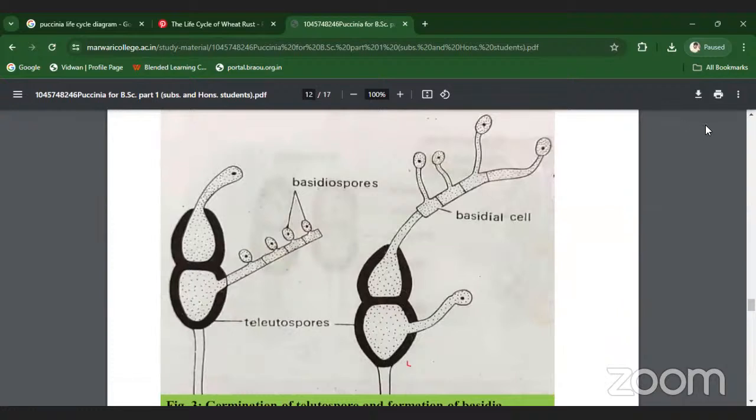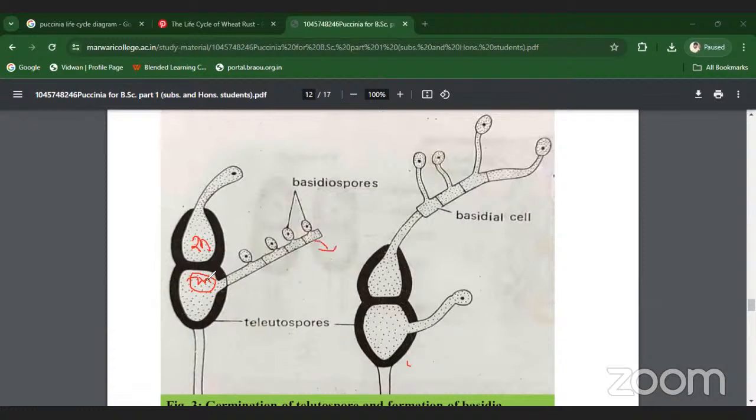These are the basidiospores. The basidiospore is formed by the teliospore, which is 2n after fusion. From the germ pore, a germ tube forms.